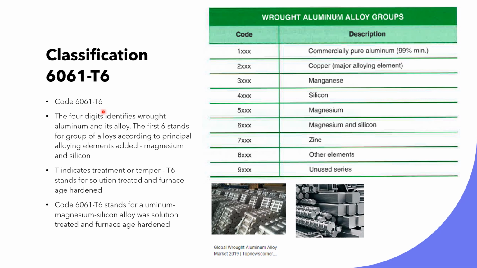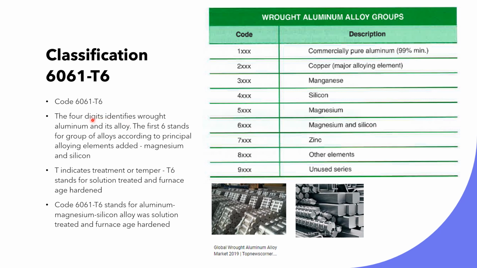That's a 6 series. So when you see this, you definitely know this alloy is a magnesium and silicon alloy. Those are just the alloying elements added to aluminum. So you have aluminum plus magnesium plus silicon in the 6 series.